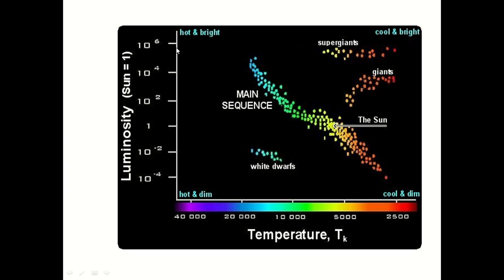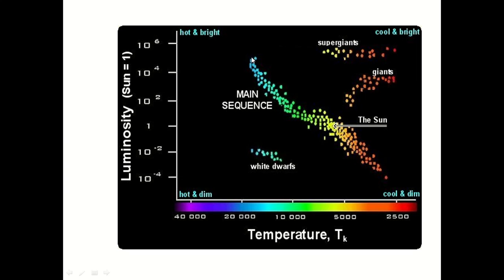So at the top of this part it will be bright stars, where the luminosity is high, and in the bottom regions we will have less luminous stars. But if you consider the left extreme of the horizontal axis, where the temperature is very high, these portions will have high temperature, and if you consider the right extreme of this graph, you can have low temperatures.